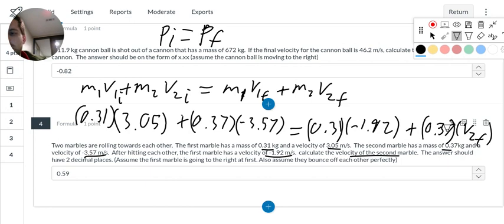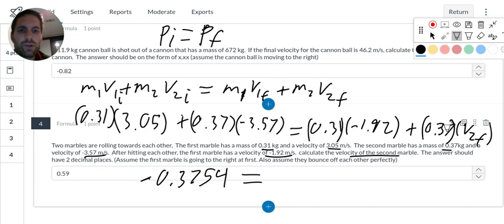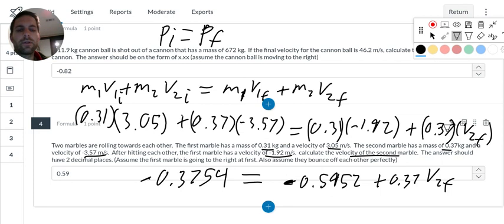On this side I get negative 0.3754, sorry, equals, now simplify that, 0.31 times negative 1.92, negative 0.5952 plus 0.37 V2F. Alright.